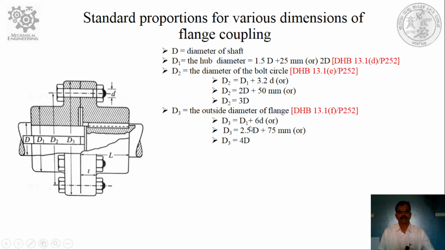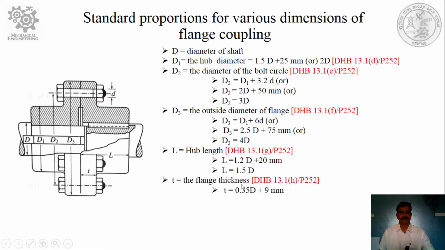D3 is equal to D1 plus 6d, or D3 equal to 2.5D plus 75 millimeter, or D3 equal to 4D. L is the hub length, with the formula 1.2D plus 20 millimeter, or L equal to 1.5D. And T is the thickness of the flange, where T is equal to 0.35D plus 9 millimeter.